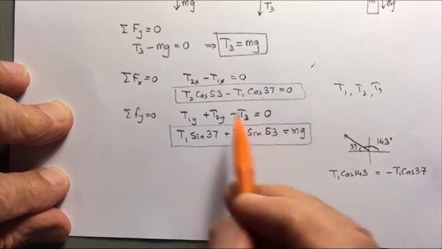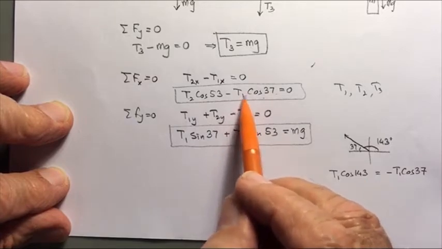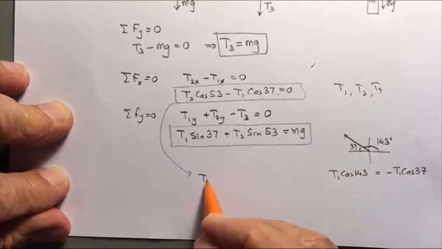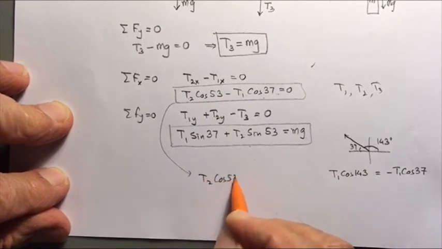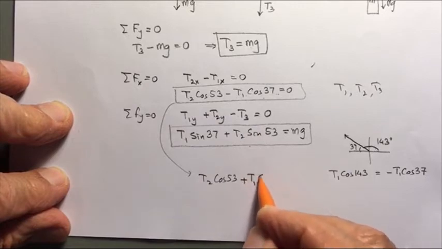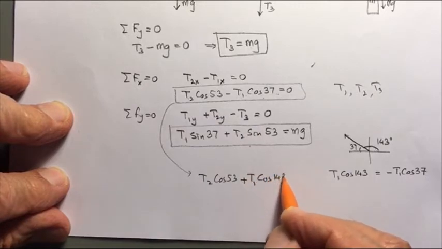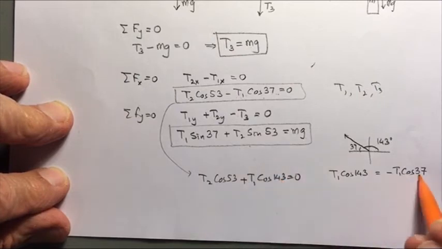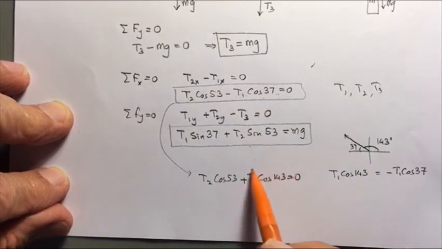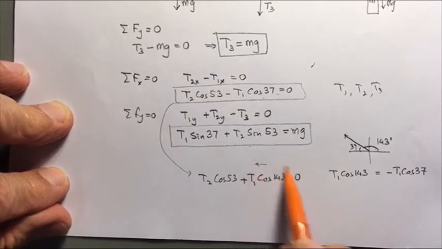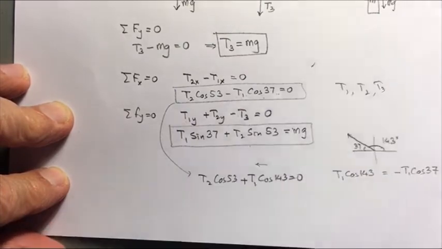So either use minus T1 cos 37 or use T2 cos 53, which is the first one, plus T1 cos 143. And this T1 cos 143 is the same as minus T1 cos 37. Ultimately, you know that this whole thing has to point to the left. So that can guide you how to do this.